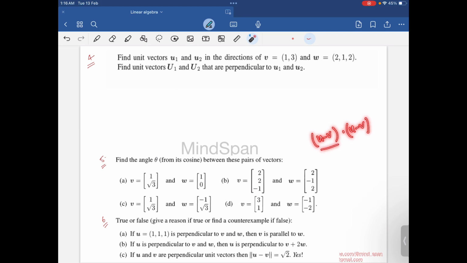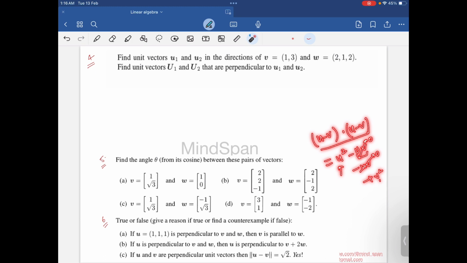And you can write this as u square, and minus u dot v, and these two are perpendicular, as given, so that is going to be 0, and minus u dot v, this will again be 0, and plus v square, right?